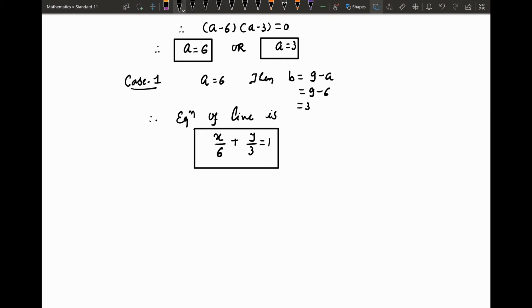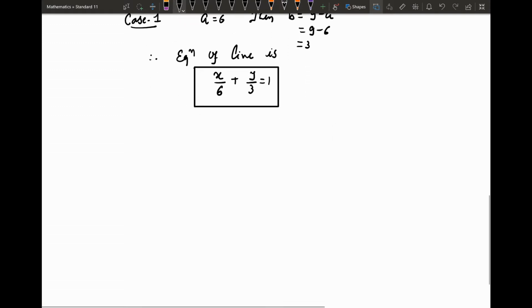So if a equal to 6, then b equal to 3. Further simplification is also possible: by taking LCM, x plus 2y minus 6 equal to 0. If we take LCM, then alternate form is this one.